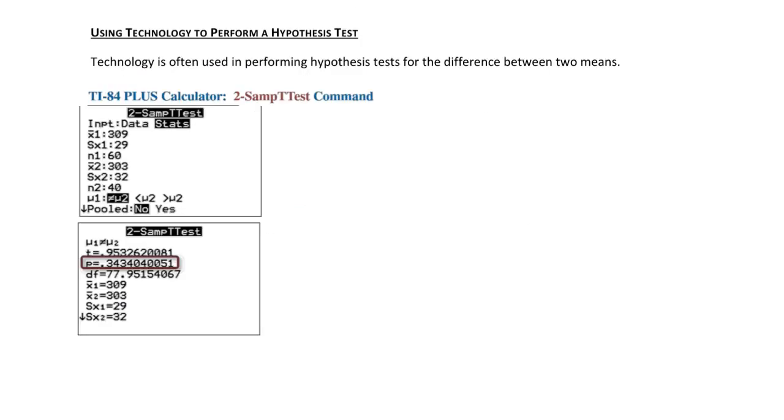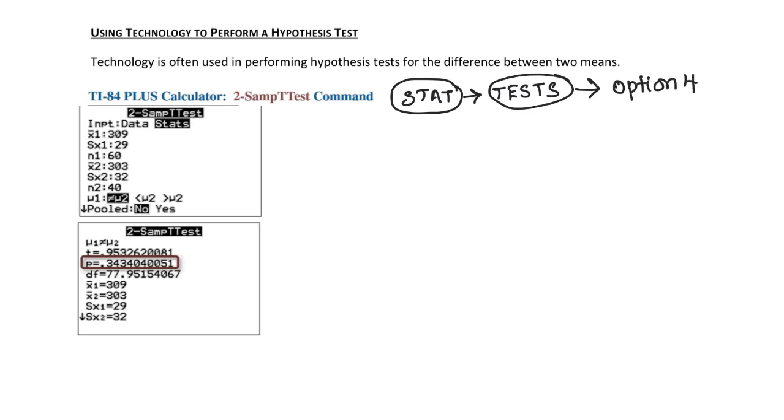If you are using the calculator to perform this hypothesis test, press stat, then test, then option 4, that is two-sample t-test.